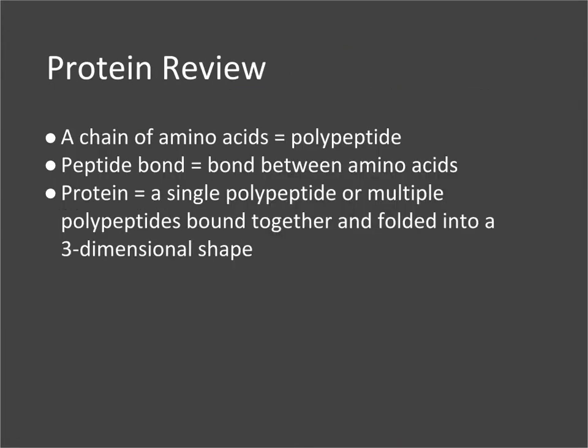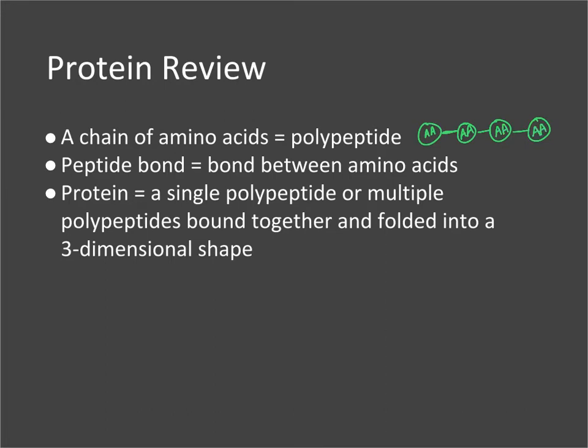It's important to note that a polypeptide itself is not necessarily a functioning protein. A polypeptide is just made up of amino acids bonded together. And this is what is formed by the ribosome during translation. Each one of these is just an amino acid bonded together to form this polypeptide.